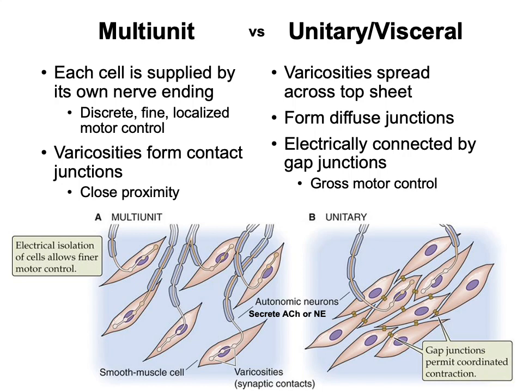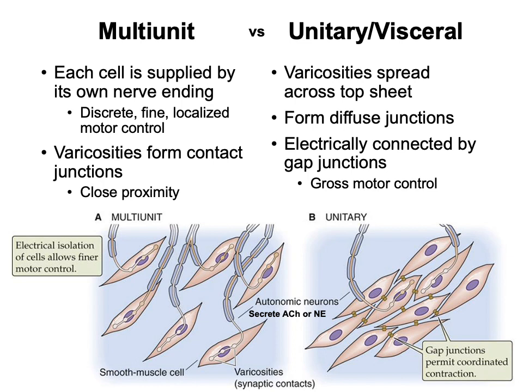These multi-unit ones are used for discrete, fine motor and localized motor control, such as the cilia of your eyes or the arrector pili of the hair follicles. The varicosities form what's called contact junctions, and they come in close proximity to the individual smooth muscle cell.